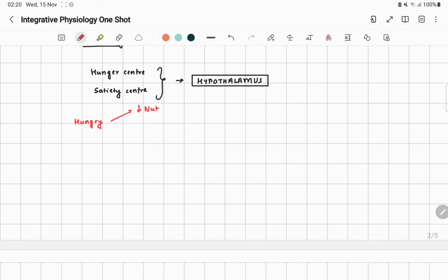decreased nutrients will be there, and ghrelin will be produced.